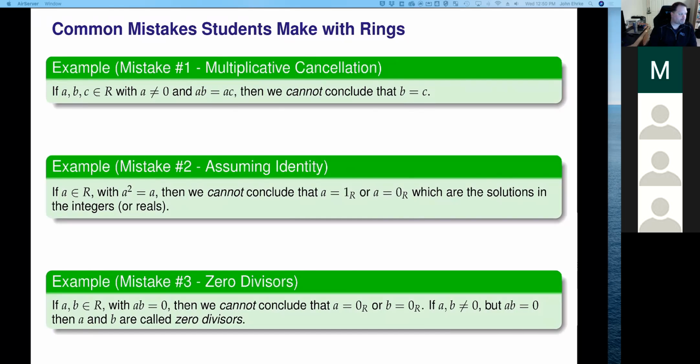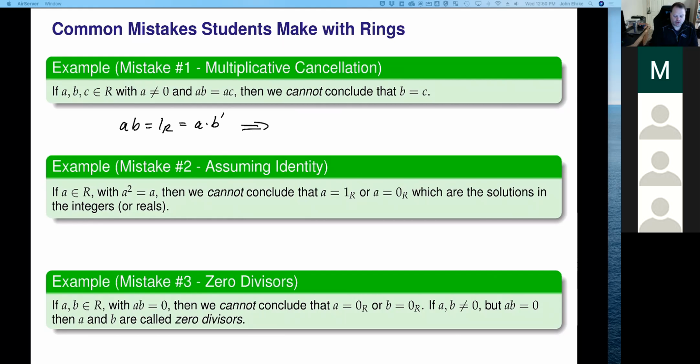well, in the previous proof where I was trying to show that you had unique inverses, I couldn't do this on the previous one. So I couldn't say, suppose a times b is 1R, but that's also equal to a times some other element b prime.